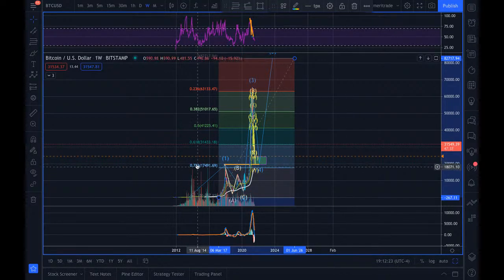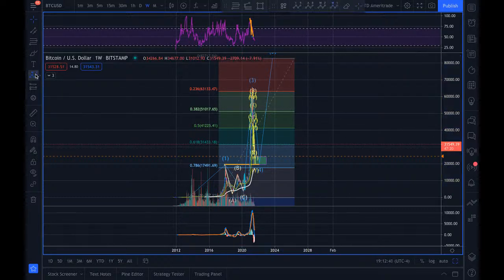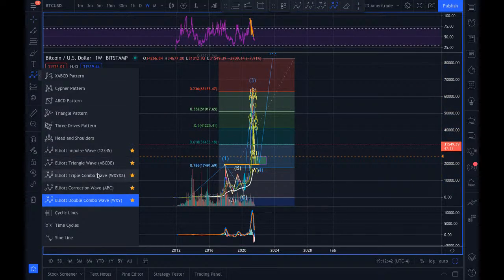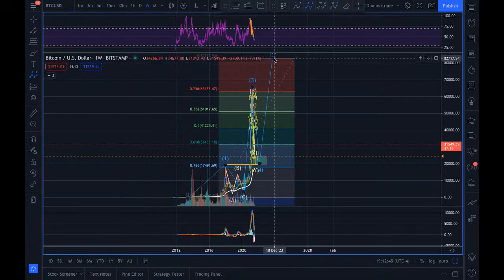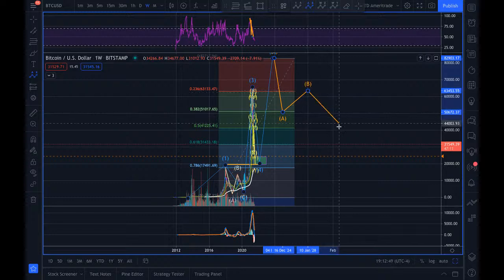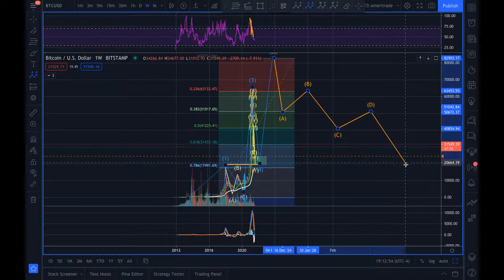That's the 0.786. And we saw Doge come all the way back to the 786 already. So we could have a wave up to 80 some, and then we could have a huge correction that could be something similar to what we've been seeing.